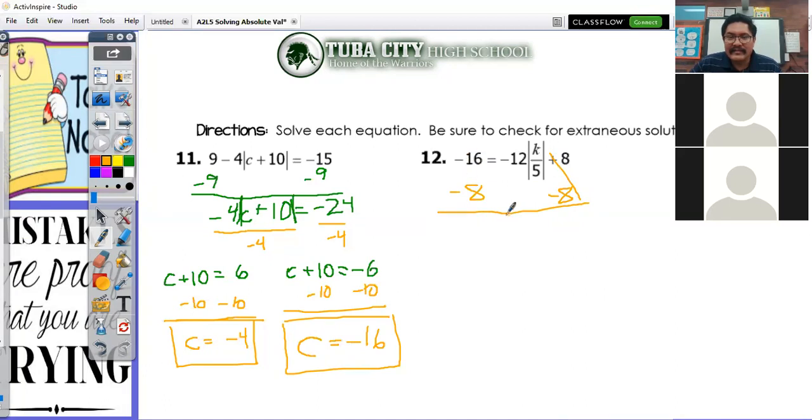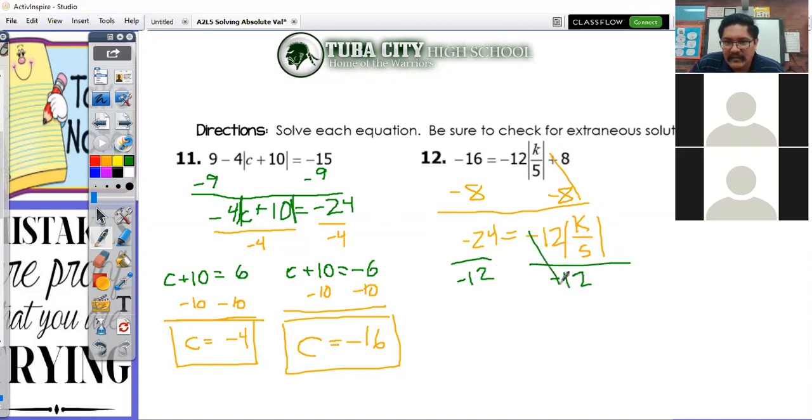Anyway, let's go ahead and get these two negatives. So negative 24 equals, and I got to get rid of this negative 12 here. Let me go ahead and get that K. I have to get rid of this 12 here, so I got to divide both sides by negative 12.